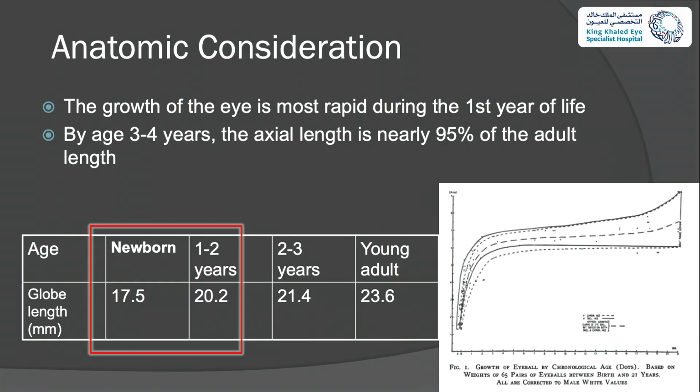You gain almost 3 millimeters during the first two years. After that, it's only about 0.1 millimeter growth per year, until around age 4 or 5, when you've almost reached the adult length. So it's quite important to realize that they have a different pattern of growth in the early 2 years.